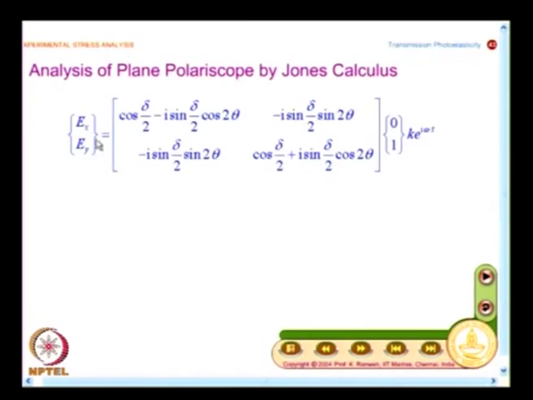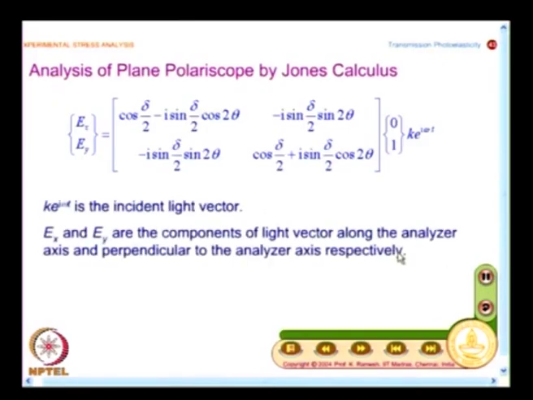And this would give me the component of light along the x axis and y axis. And what do I need to find out? I need to find out the amplitude, because I said all the sensing elements only record amplitudes. So, that is what we will see now.